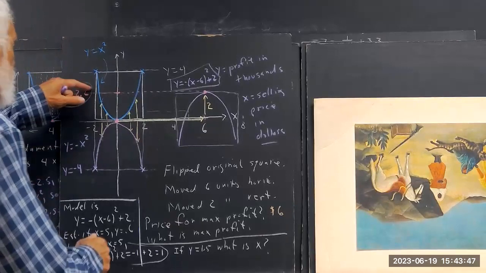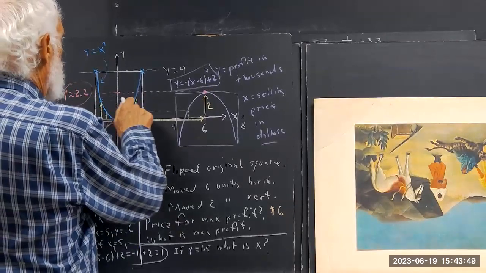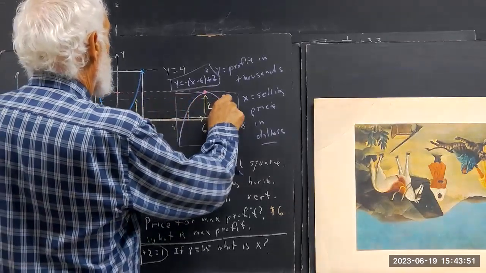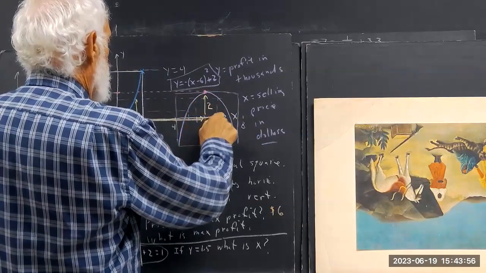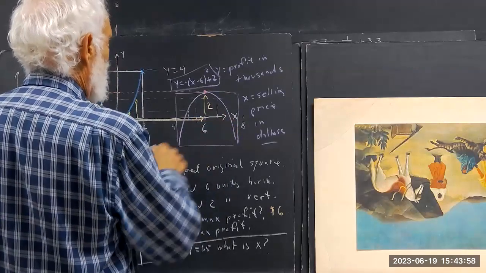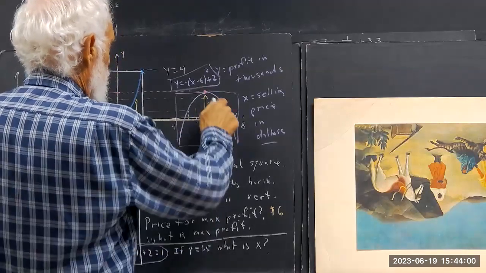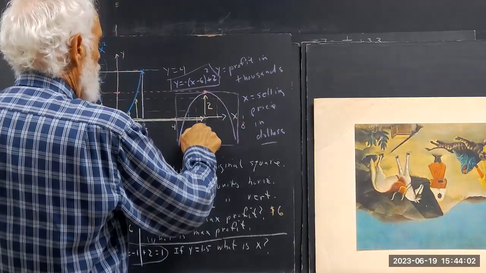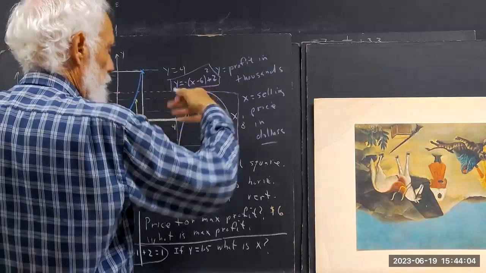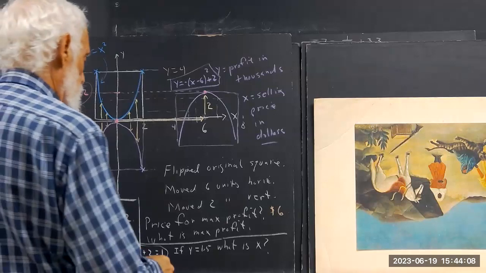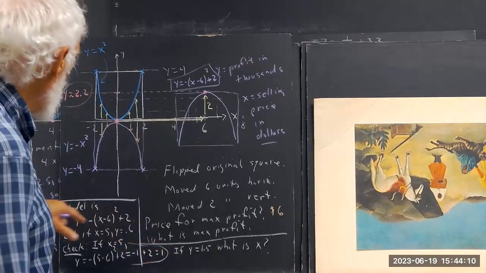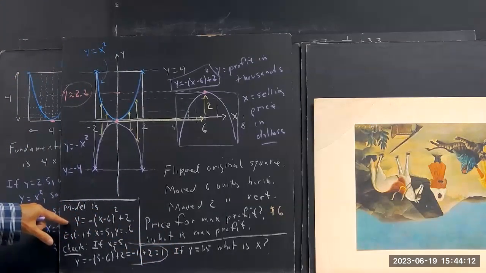Well, here's 2, here's 1. Y equals 1.5 would be about here. And x seems like it ought to be either this or this, which would be like, well, it's all distorted. It's not a good model, but maybe 5.5 or 6.5. How would we determine this? Really, we would replace y in this equation by 1.5.